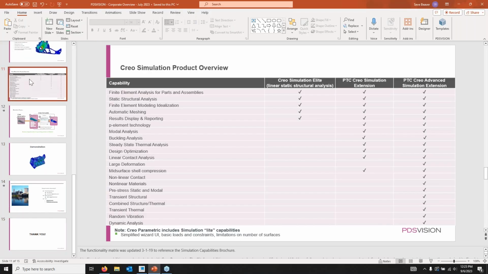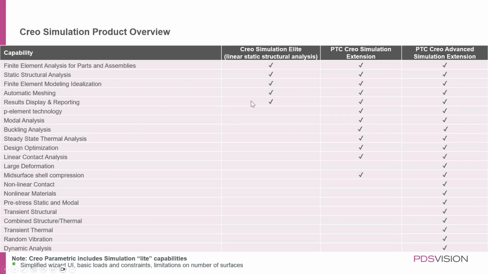Now, as to whether you can do that for free, or I should say with Creo Simulation Elite, which most people have for free, the answer is no. To do thermal analysis in this environment, you need a minimum of the middle option here, the PTC Creo Simulation extension, which will open up the whole thermal analysis can of worms.